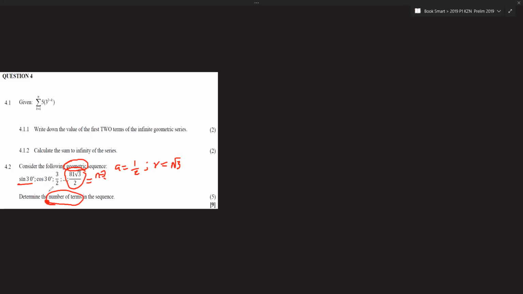So if I know the value, I can easily get n, which is what the question is asking, using the formula of the nth term. Remember, this is geometric, so Tn is going to be a times r to the power n minus 1. Which is Tn equals to, my a is half. My r is square root of 3.